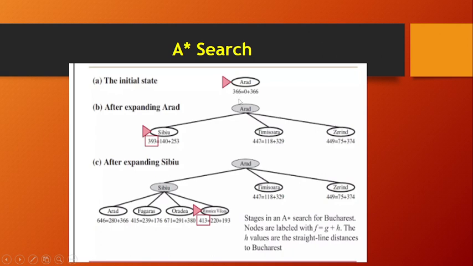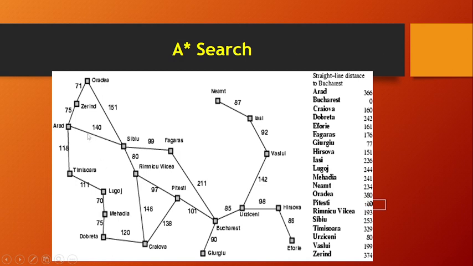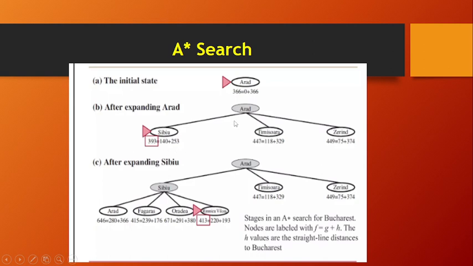Next we go to the map. From Arad, the next nearest cities are these three: Sibiu, Timisoara and Zerind. We need to expand this one. Next we can get like this: Arad, which is already over, Sibiu, Timisoara as well as Zerind. So these three are the cities.